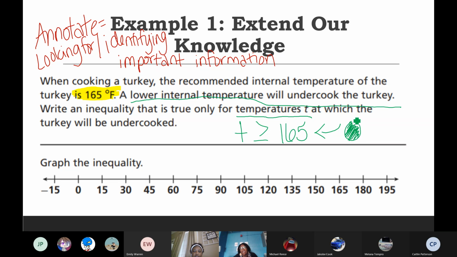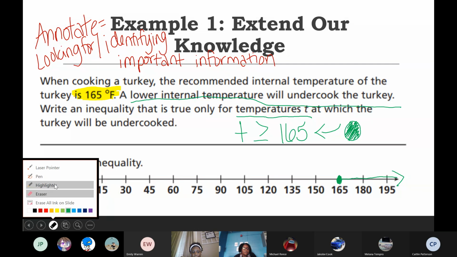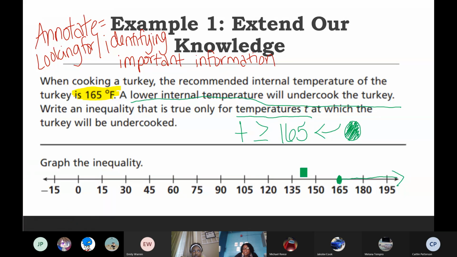What does Miss Neville mean? Look here. I'm going to find 165, color in my bubble, and shade any number over 165.